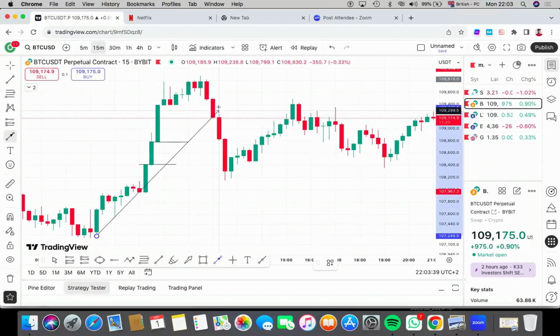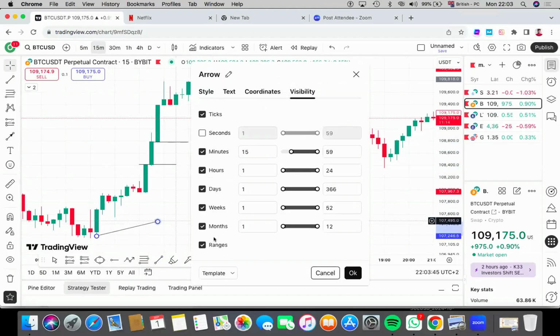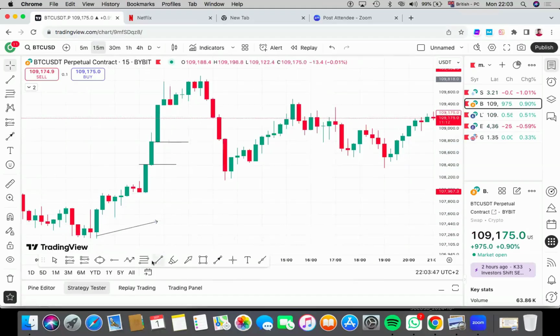See, it's in an uptrend. See what the market did here, and this is a clear fair value gap, FVG.